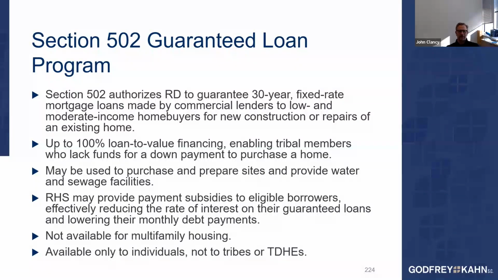And then the USDA also provides payment subsidies to eligible buyers, which effectively reduces the rate of interest on the guaranteed loans and lowers the monthly debt payment. So in addition to the guarantee, there are also subsidies, which allows for both 100% loan to value financing, which means there's no down payment, and secondly, lower rates.